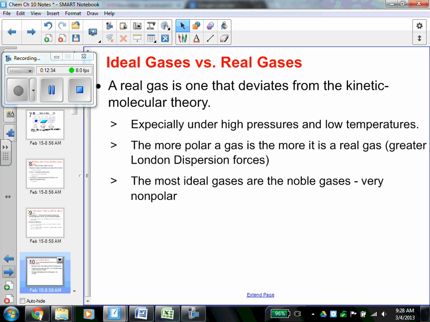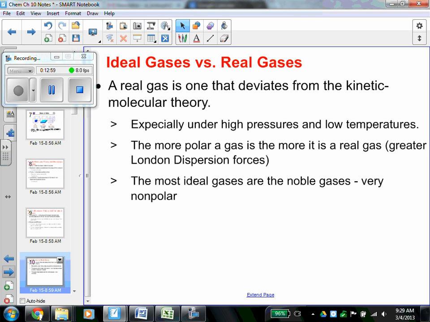With high pressures and low temperatures, the particles are moving very slowly and they're under extremely high pressure, so they're going to be very close to one another. If they're very close to one another, they're subjected to greater London dispersion forces. So if I have high pressures and low temperatures, I have more of a real gas.